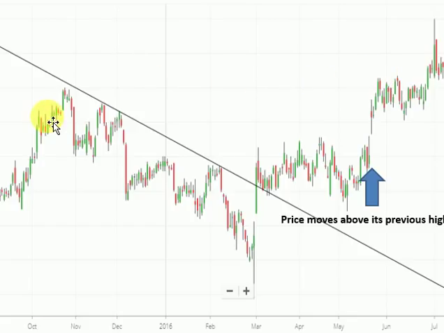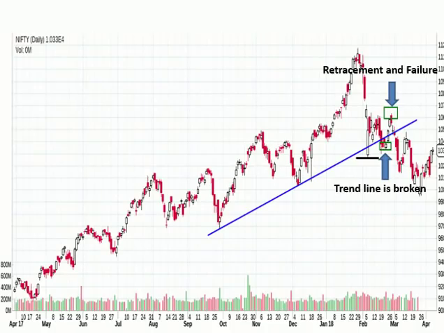Finally, before I end this video, I would quickly take you through the most recent chart of Nifty 50. Look what is happening over here. There was a clear trend line which was broken during the third week of February. We see the trend line getting broken, and there is a retracement happening towards the upside, but price didn't reach that high.